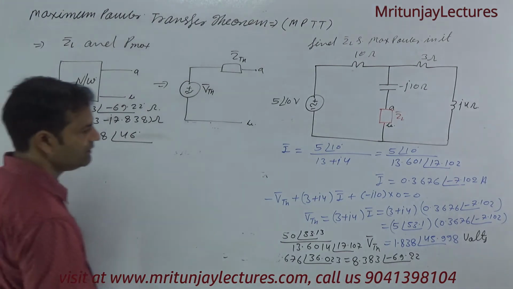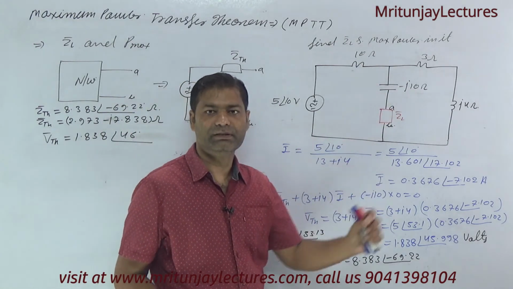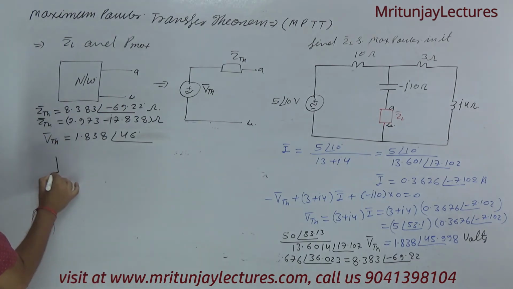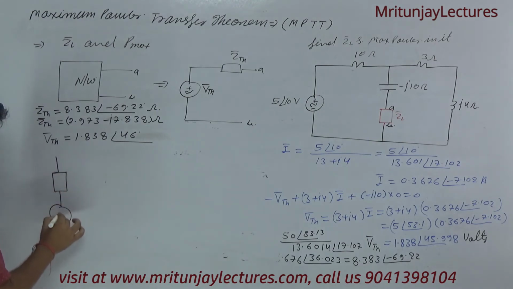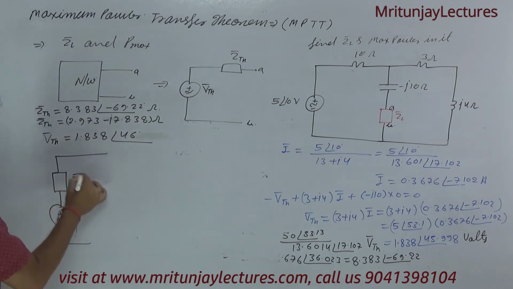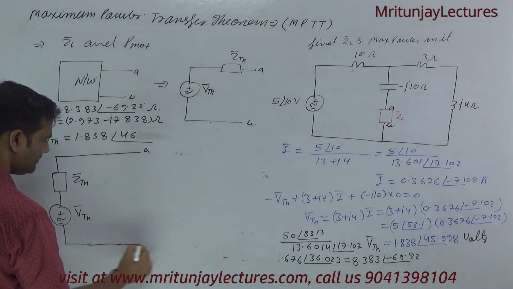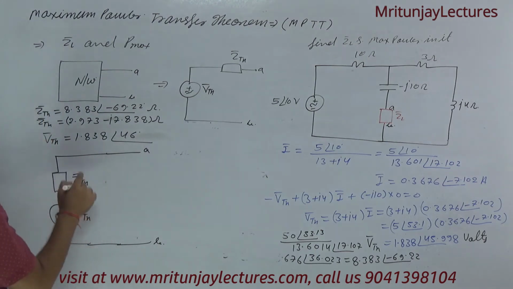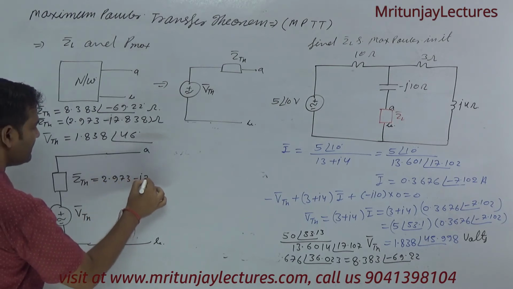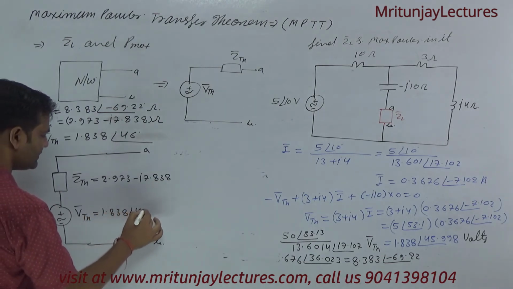So finally you can say this whole circuit corresponding to AB, you can represent as ZTH and plus minus VTH, corresponding to A and B. ZTH is 2.973 minus j7.838, and this is written as 8.38 at the angle minus 46 degrees.